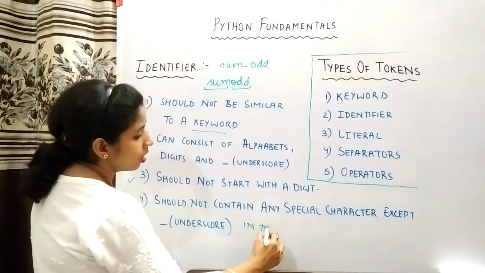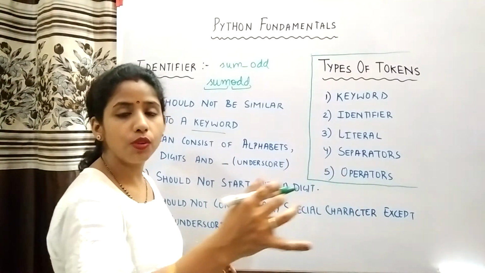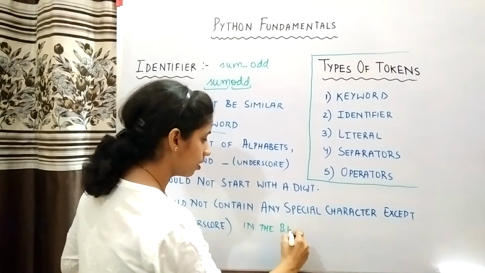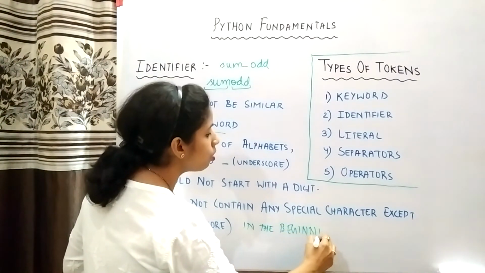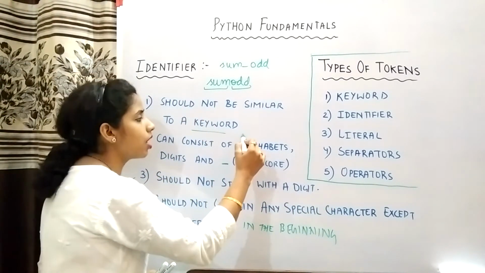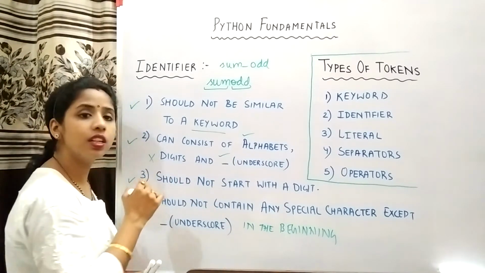Means underscore is not only allowed at the second, third or any subsequent place, but it is also allowed in the beginning. So your identifier name can start with an alphabet and it can start with an underscore, but it cannot start with a digit.